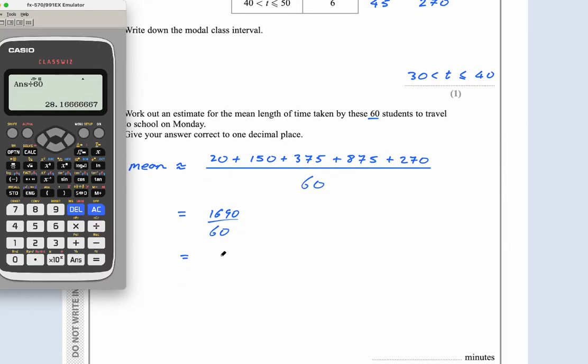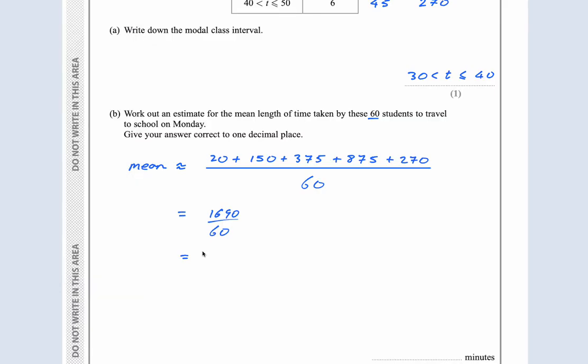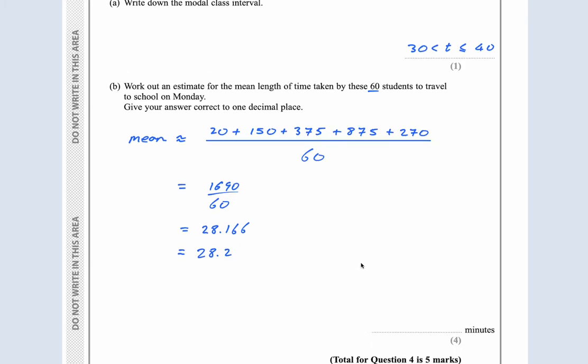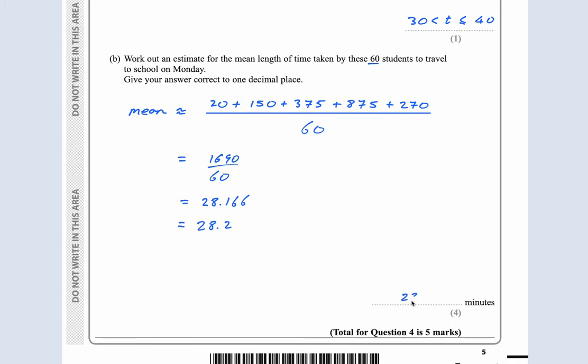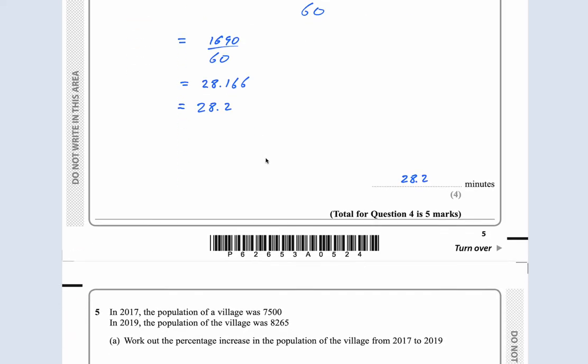So I'm going to write down 28.166, and to 1 decimal place is 28.2. So this is 28.2.